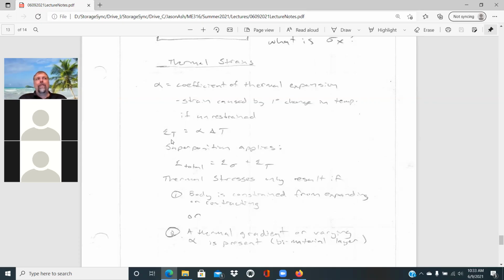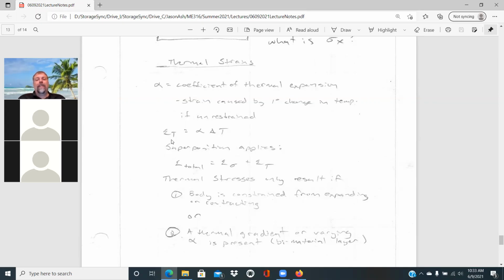You'll notice the same thing with bridges and things like that too, where there's generally going to be a gap in those to allow for the expansion and contraction of that bridge. So that's one way thermal stresses can develop.